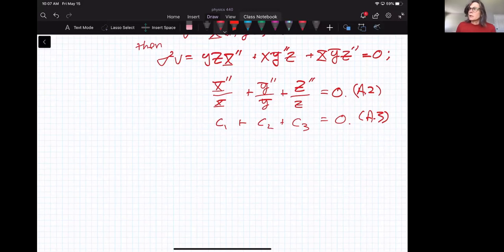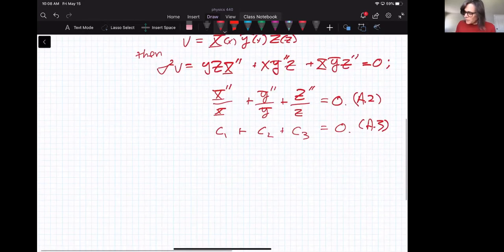In particular, it's often the case that we select a constant that's less than 0. I won't go too much into detail about the Laplace equation in Cartesian coordinates. We'll come back to it, but if you look in the third chapter of Griffiths, I think, you spend a whole bunch of time on it.